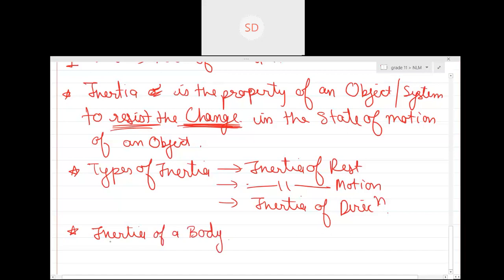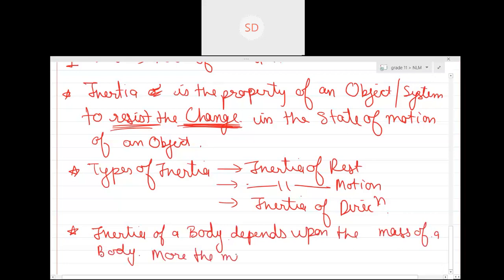So anyways, inertia of a body depends upon the mass of a body. More the mass, more will be the inertia.